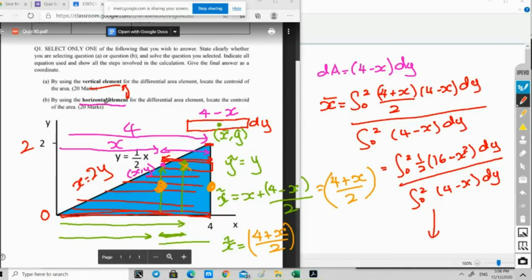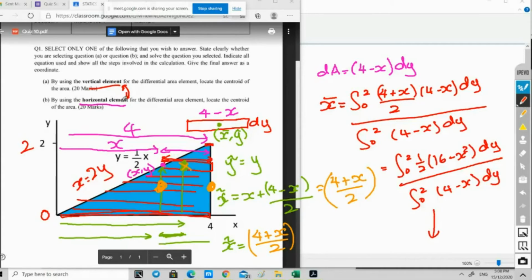Now, for the final exam, there can be many possibilities. One is the question just says find the centroid. So you are free to use any element, but you have to state clearly whether you use horizontal or vertical. That's one possibility, and previous exams tend to be like that. But if I personally make the question, normally I like to specify.